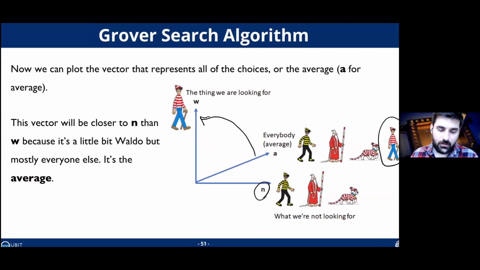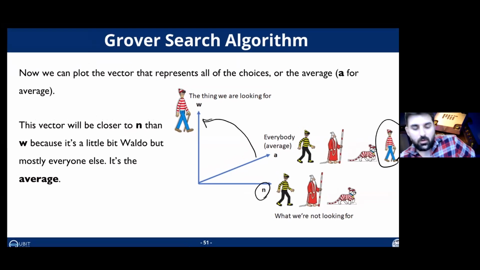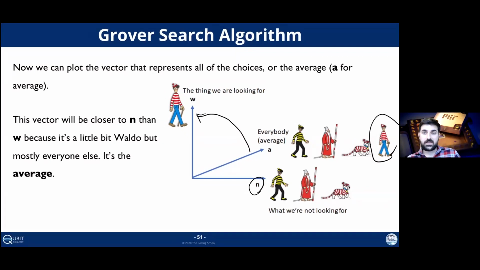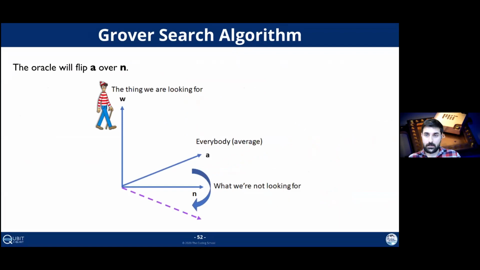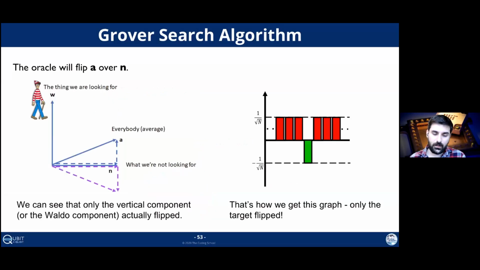Okay. So what the oracle does is that it flips A, the initial superposition state, around the N axis, or the X axis. So if I'm writing the quantum states, that's S, and that is U of W, the oracle operator acting on S. And yes, that is the result that we get.